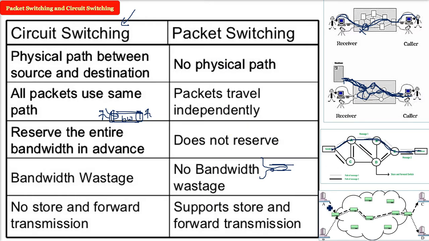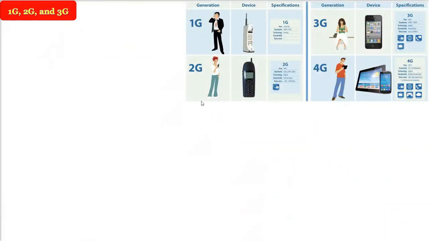But in packet switching, first it has to come here, then it has to look for the path and decide the route. There are routing algorithms. So if some link is broken, the packets may take a different path. So packet switching supports store and forward transmission.